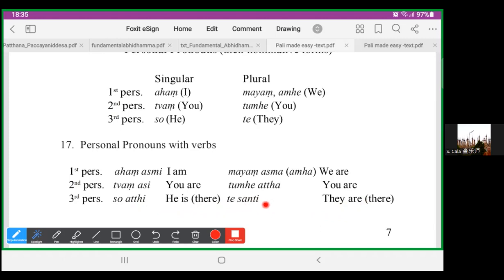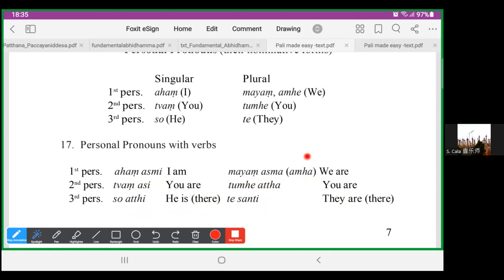Remember we already learned the formation; I will explain later. Santi, okay? Tuam asi, tumhe atha, aham asmi, mayam asma or mayam amha. So ati, te santi, tuam asi, tumhe atha, aham asmi, mayam asma, mayam amha.